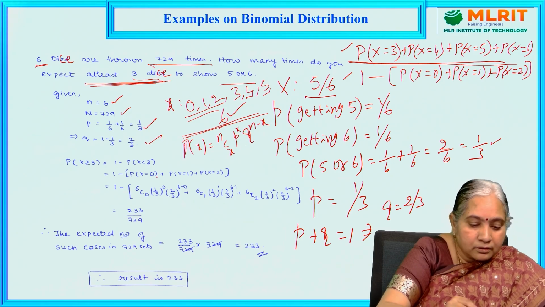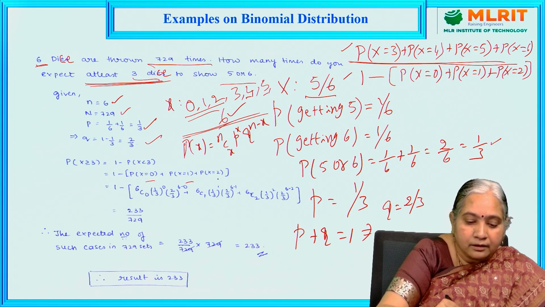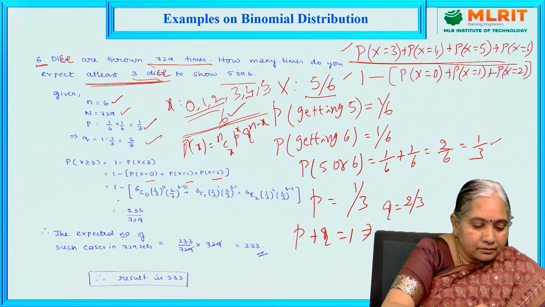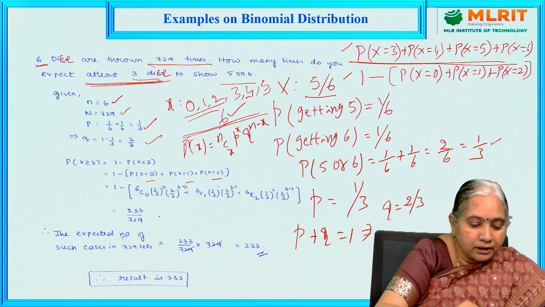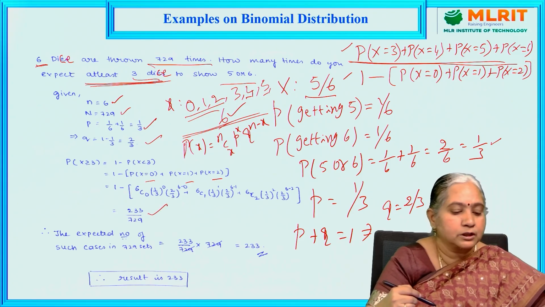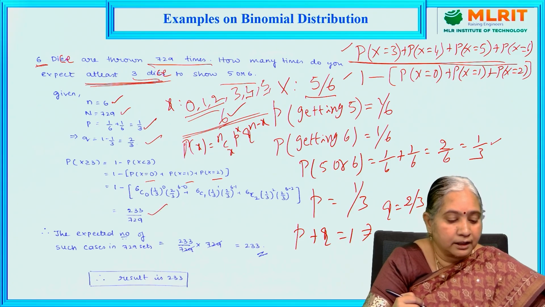So take x value as 0, 1 and 2, find the probability, then subtract from 1, we get the probability is 233 by 729.